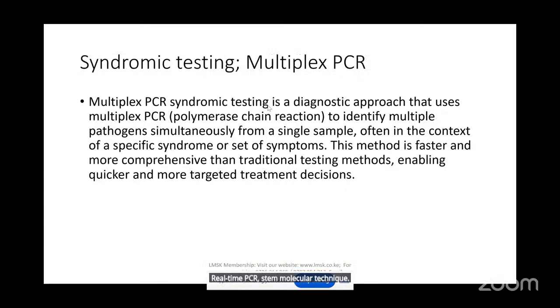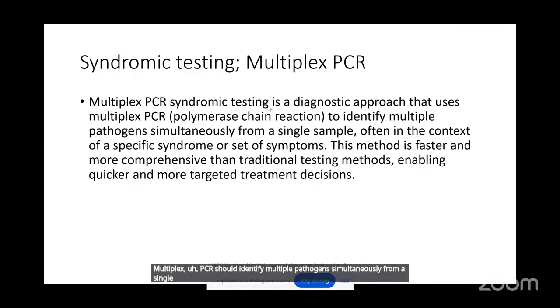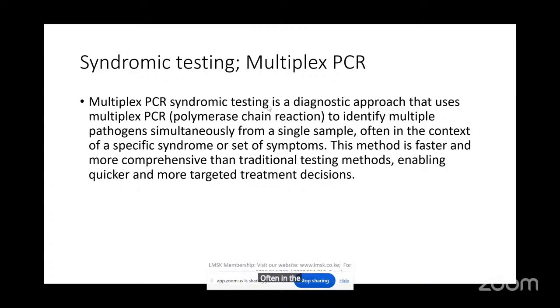And then we have syndromic testing that uses multiplex PCR. Multiplex PCR syndromic testing is a diagnostic approach that uses multiplex PCR to identify multiple pathogens simultaneously from a single sample, often in the context of a specific syndrome or set of symptoms.